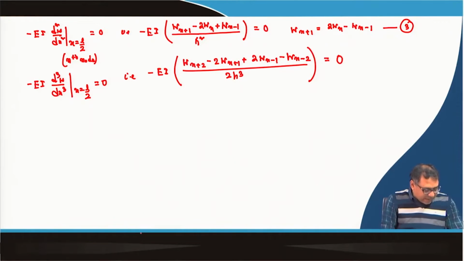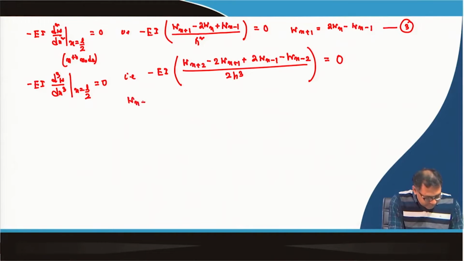So, now if I apply this, it is equal to 0, finally, w n plus 2 minus 4 w n plus 2 w n minus 1 minus w n minus 2, that is equal to 0.